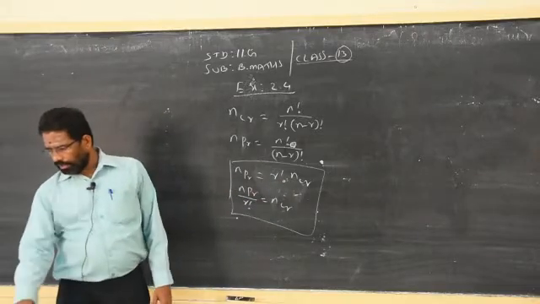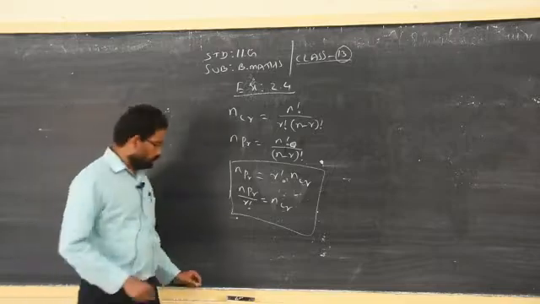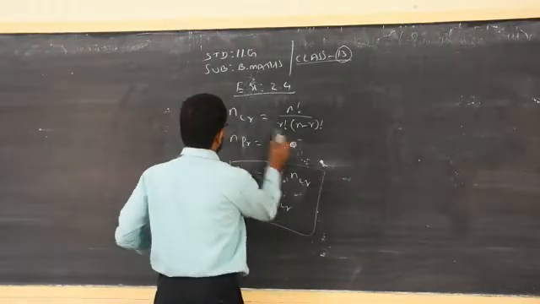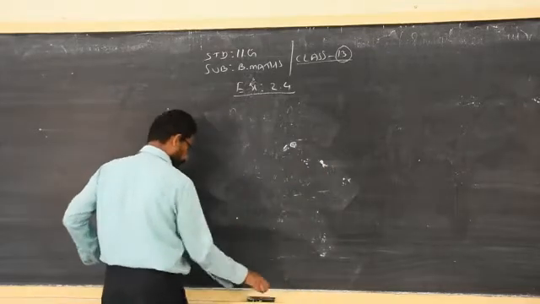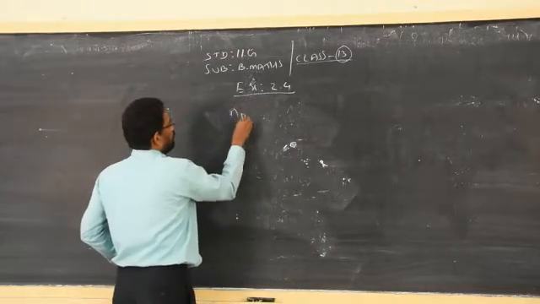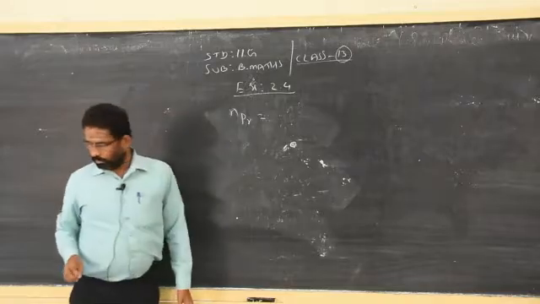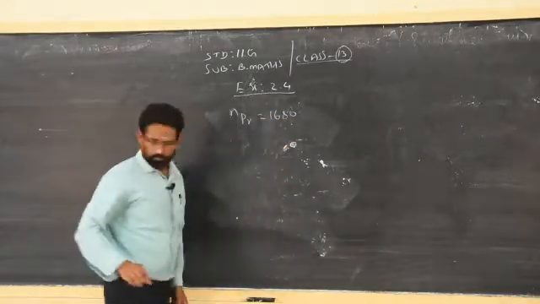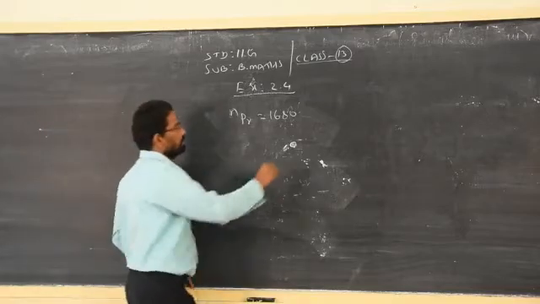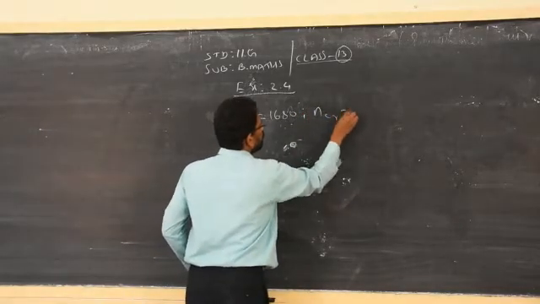Now see question number 1. NPR is given as 1680. Then NCR is given as 70.